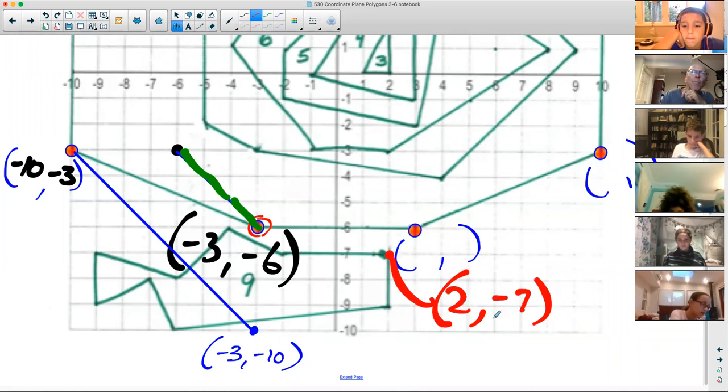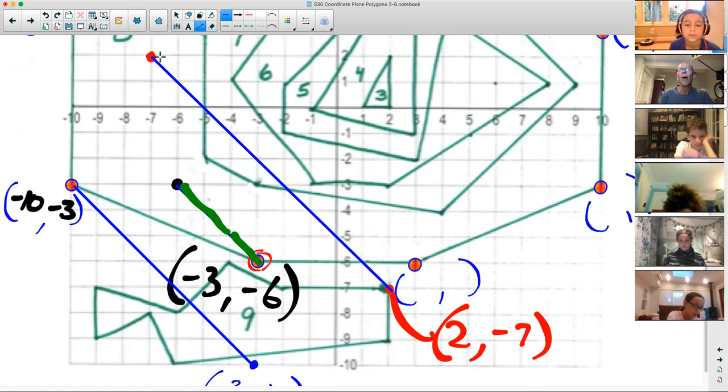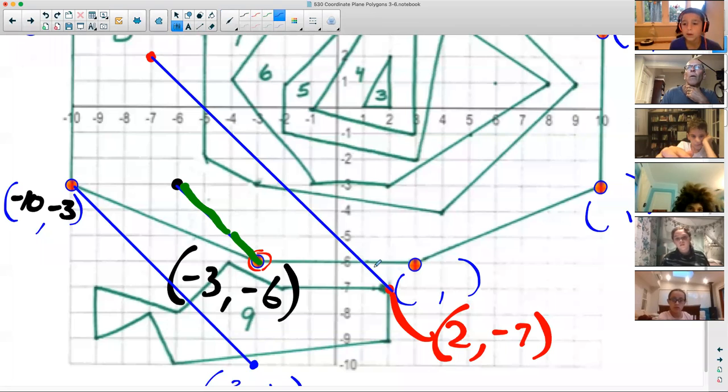Let's go find point negative 7, 2, and see if my conjecture works, that we simply subtract the numbers. How far apart are those 2 points? 7. Well, it should be 5. So far I have 3, 4, 5, 6, 7, 8, 9.